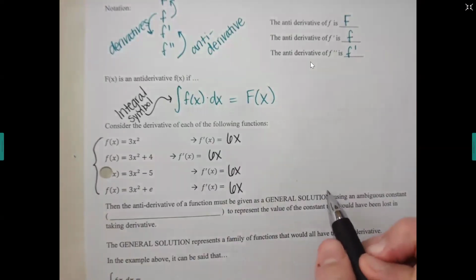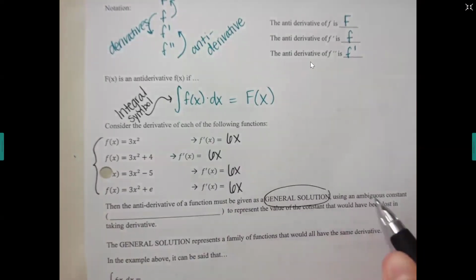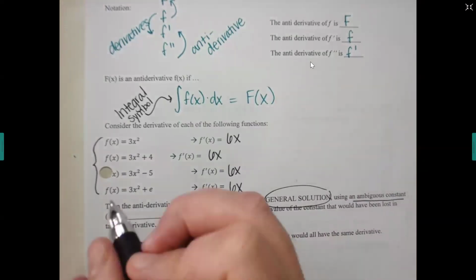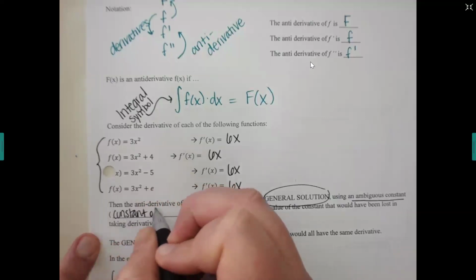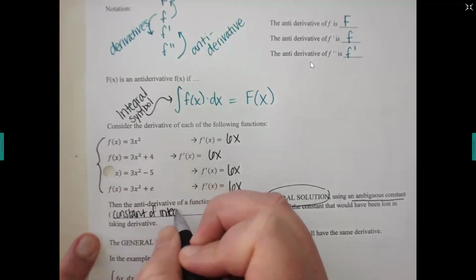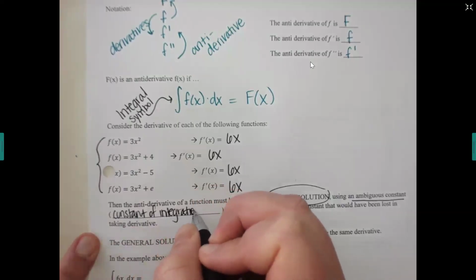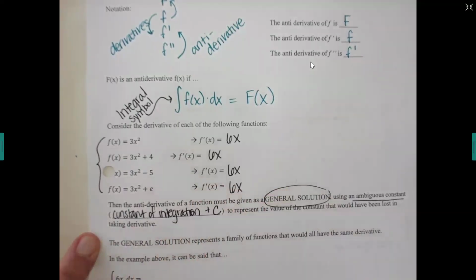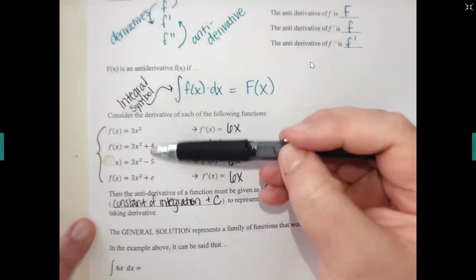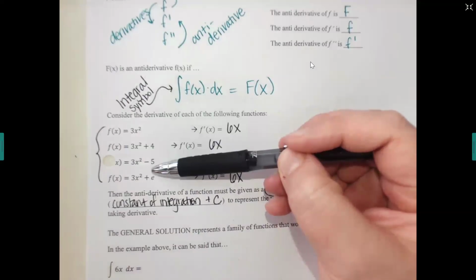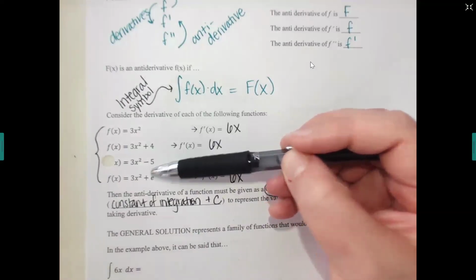So we're going to use a general solution using an ambiguous constant when we go backwards. We're going to call that the constant of integration. And basically, you're just going to put a plus C, where C is standing in for whatever this very last little constant would have been before you took the derivative and it fell off. Okay?